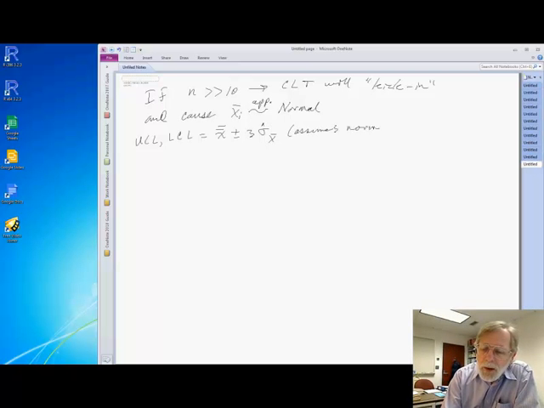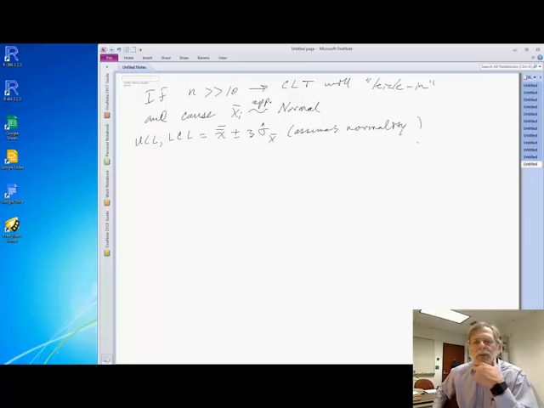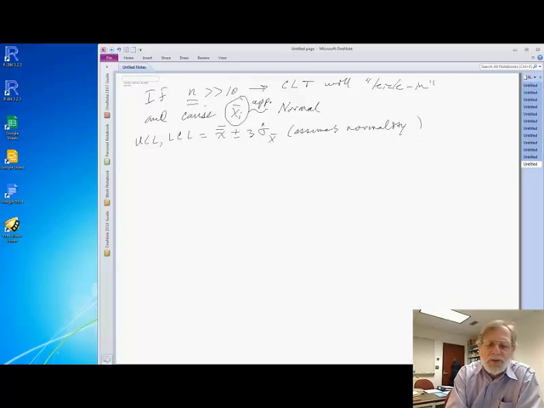But he knew darn well that in the real world, lots and lots of real industry/business processes were not normally distributed. And he said, well, that's okay. I don't care about x itself. All I care about to build my control chart is x bar, averages on subgroups of size n.